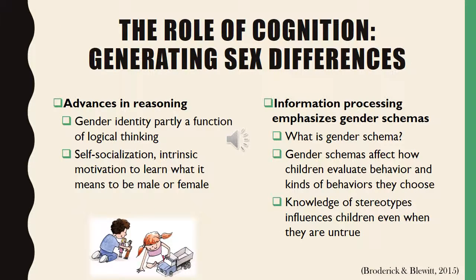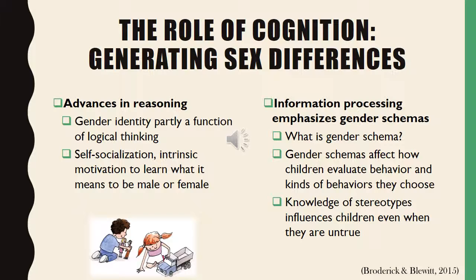So we looked at the role of biology in generating sex differences, and now we want to look at the role of cognition in generating sex differences. So those advances in reasoning that we were talking about earlier, that gender identity kind of functions as a part of logical thinking.